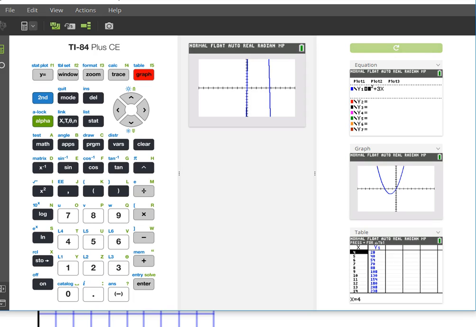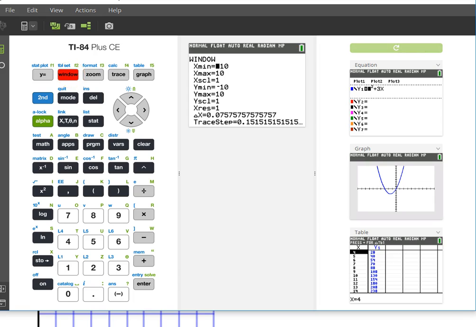So we want to go back to window and select a domain and a range that makes sense for this problem. X is our time, so it makes sense to start our time at 0 seconds. We know that it's already hit the ground by 5 seconds, so I'm going to set my X max to be 6 seconds, just so I'm sure I get the whole picture.